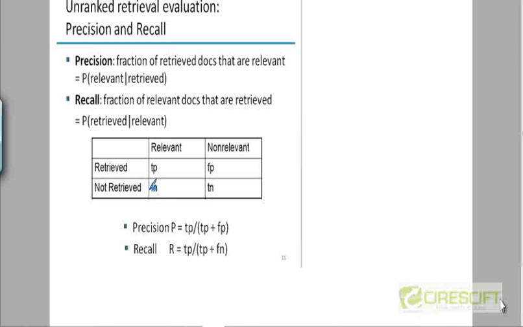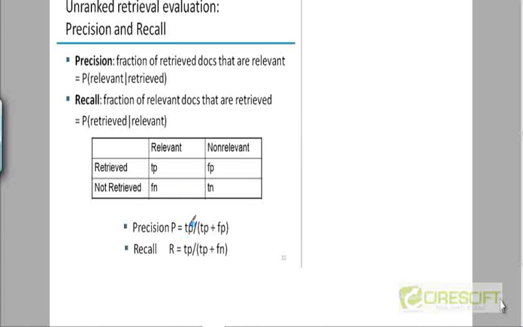And a false negative is when a document that is actually relevant is not retrieved. That means your search system is deciding that it's not relevant, that it's a negative case, whereas it's actually a relevant document.